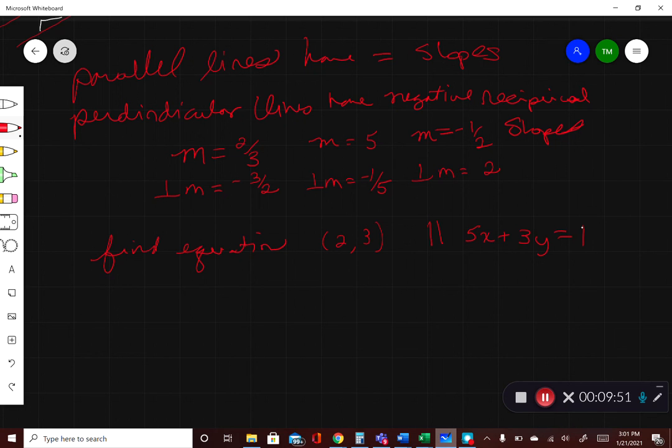We can use the point slope form to write the equation of a line, and we need to know a point, which we have right here, and we need to know a slope. Well, we're not really given directly the slope, but we're given a path to find the slope. This equation is parallel to the equation we're looking for. So if we find the slope of this line, then that's the slope of the line we're looking for.